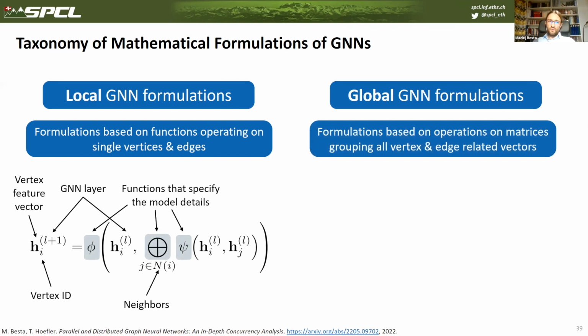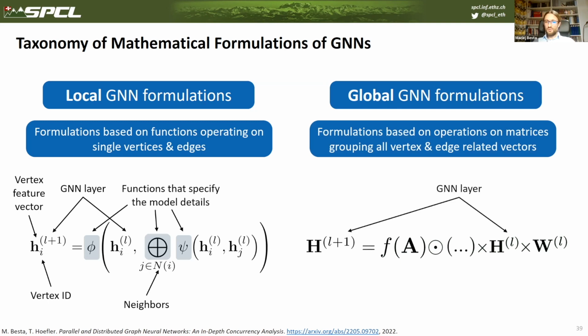But we also have another way to describe graph neural network models, specifically the so-called global formulation. In these formulations, we construct a model using operations on matrices that group all the vertex and edge-related vectors. So this is an example generic formulation for this global view of graph neural network models.